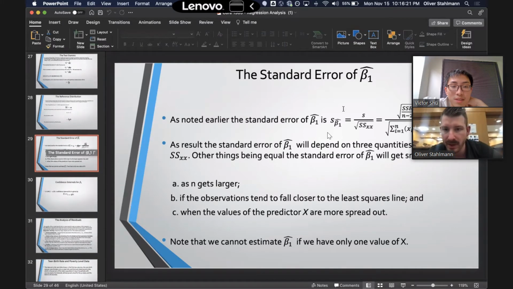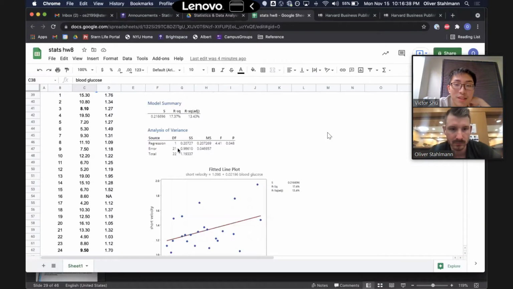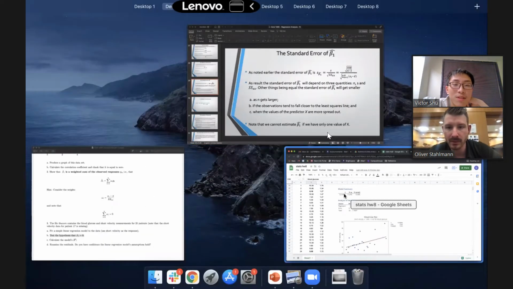Standard error of B1 hat is S over the square root of SSXX. Okay, I can do that. You have S and you have SSXX. I think Minitab tells you what S is, but you have to calculate the denominator.